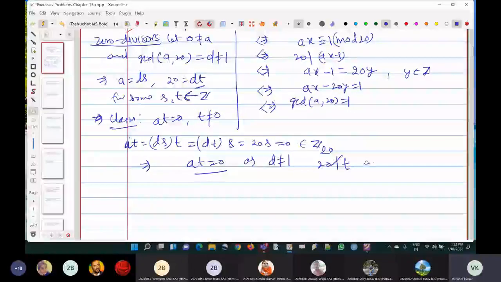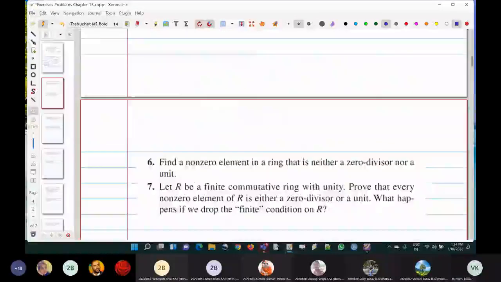So t is not going to be a multiple of 20, and so t is non-zero, and this implies that a is a zero divisor.